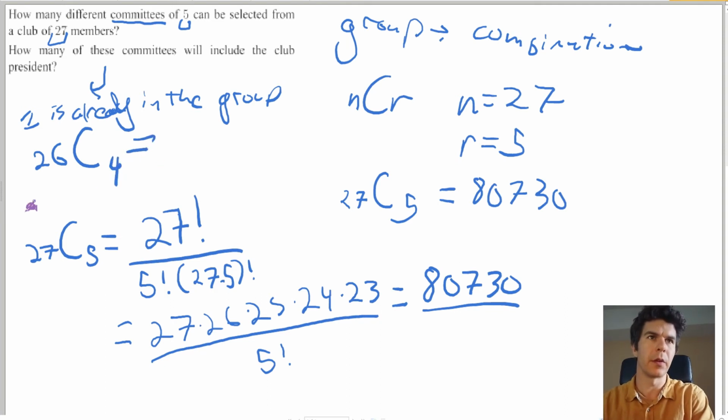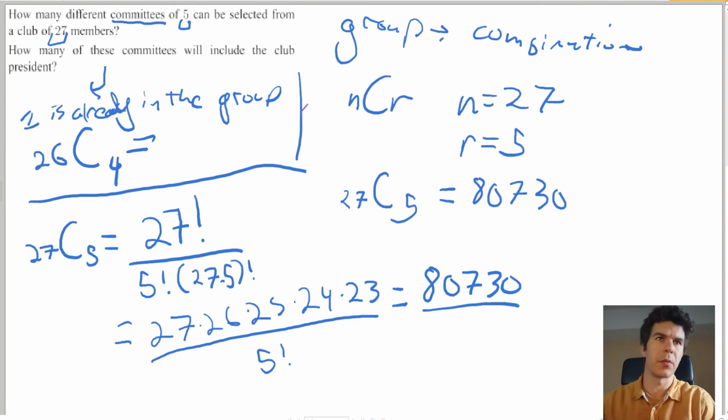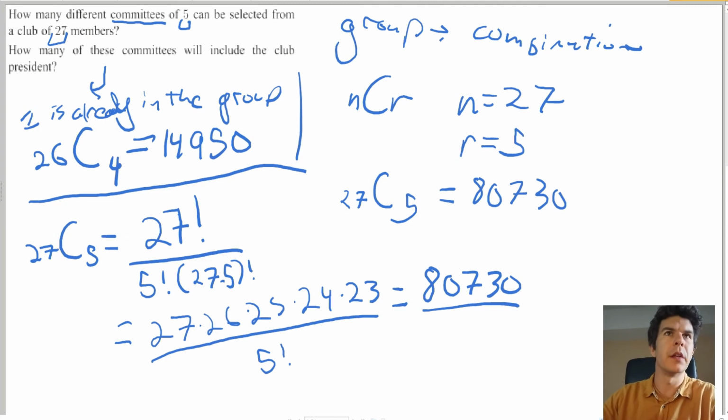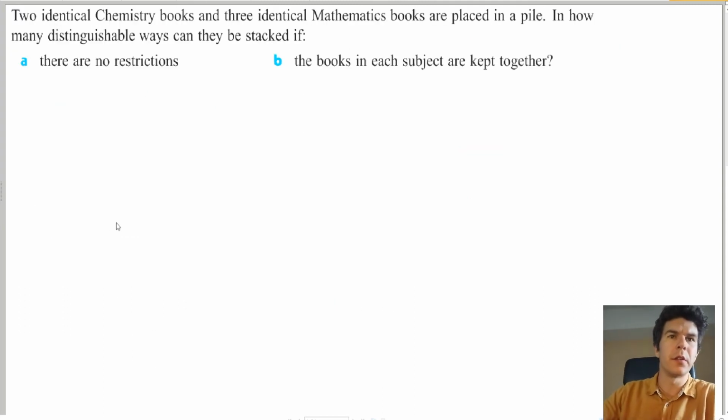Let's just do this right here, not waste any more scrolling, and doing it the quick way. 26 C 4 is 14,950. Great, we did it. On to question 2.